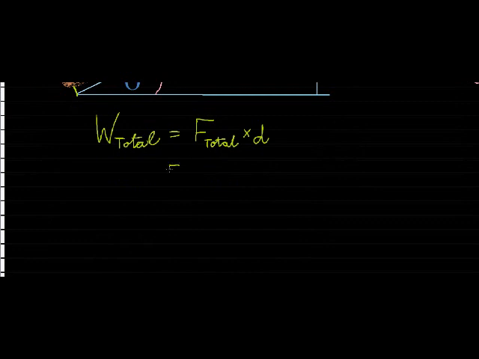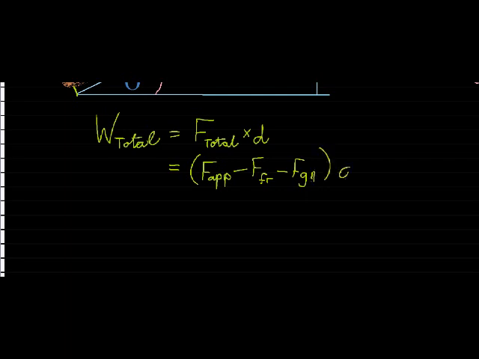The total force acting on them is the force that they apply, minus the force due to friction, minus the force due to gravity that's pulling them downhill, in other words parallel to the surface, multiplied by distance.